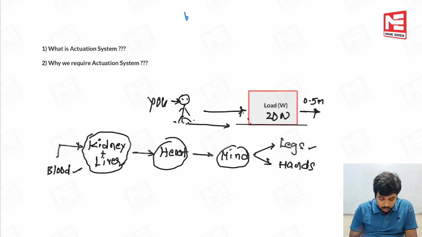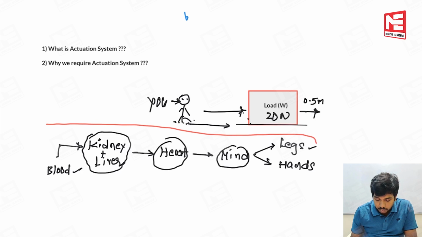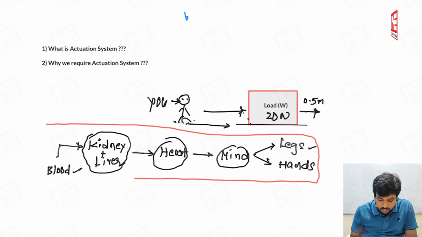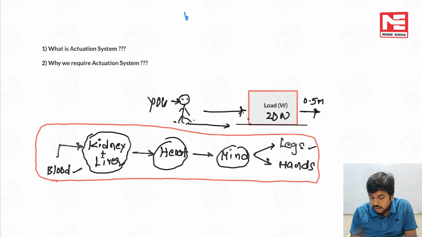So now if you combine all these things, suppose I fix all these things together up to here, can anyone say what the final aim is? The final aim here is that we need to get either linear displacement or angular displacement, right?